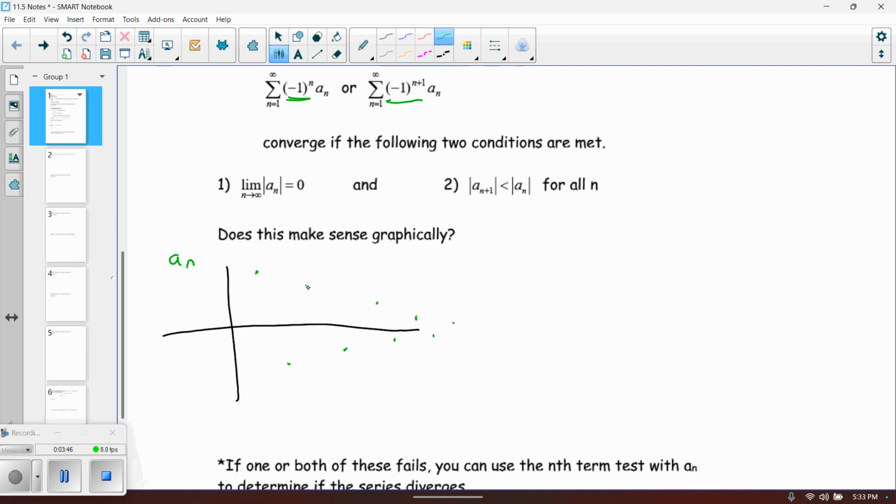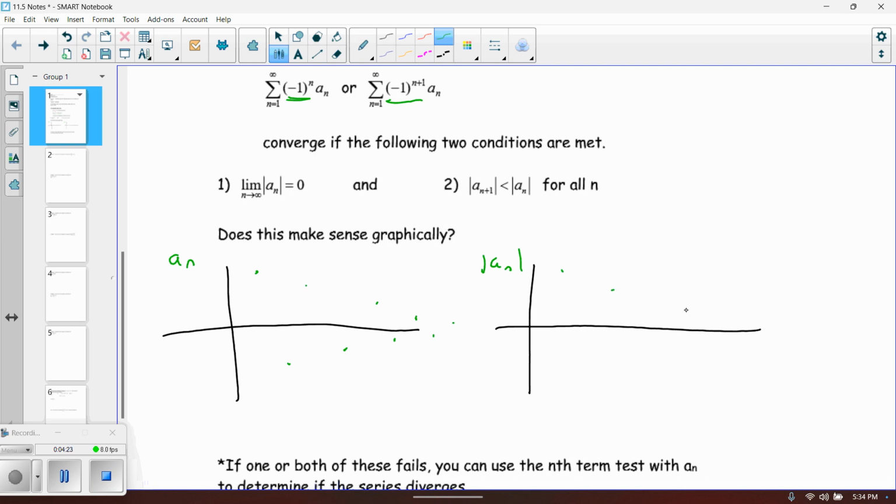And what you can see there is that the alternating series is flipping back and forth in its terms, positive and negative, and then it's also getting closer and closer to 0 on each side of the x-axis in this case. So if you were to look at the absolute value of a sub n, well, everything that's already on top of the axis is going to stay exactly where it was. The absolute value of whatever that one was is going to be that term.